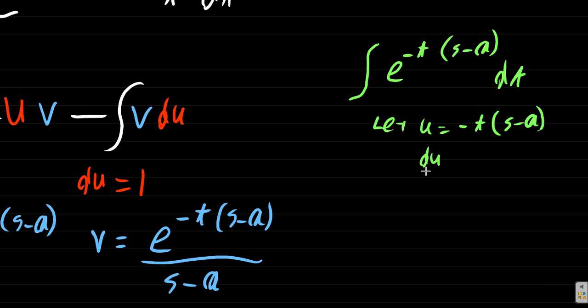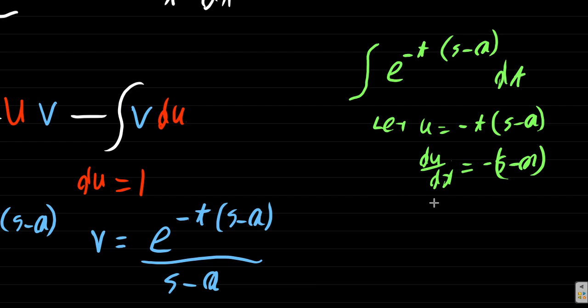Then du by dt would be, when you differentiate this, just like how we differentiate x times a number and get the number, we differentiate t times the number and get back the number. So it's going to be negative (s minus a). Alright?